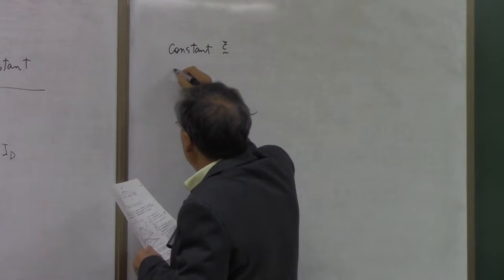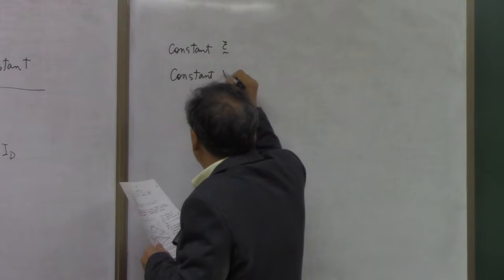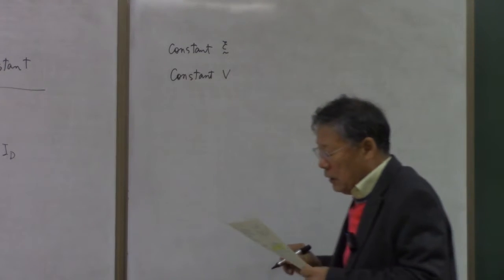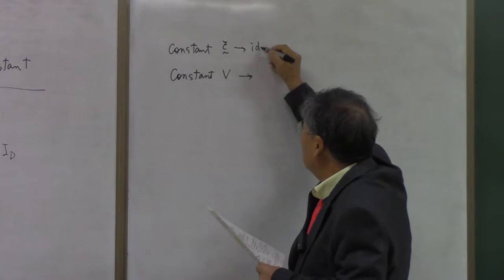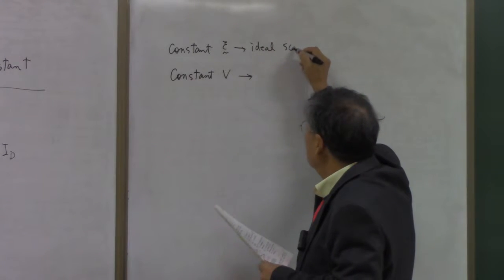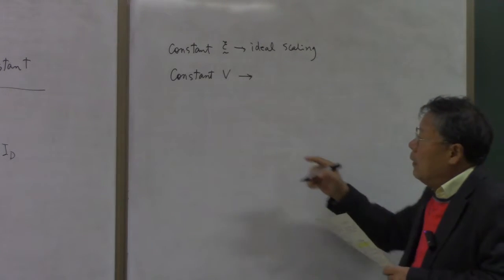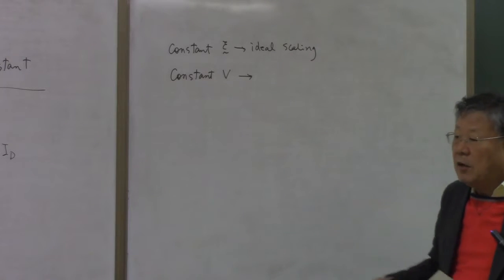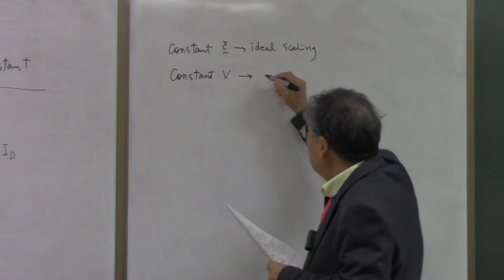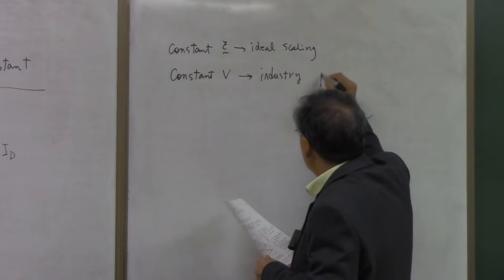And also we can do constant voltage. Actually, the constant electric field is the ideal scaling principle, and constant voltage when we scale down the device is the industry practice.